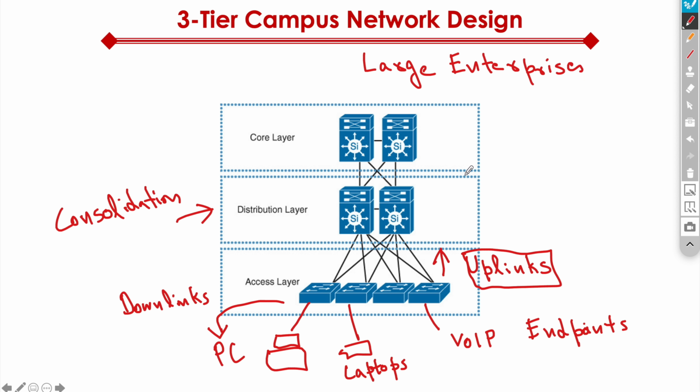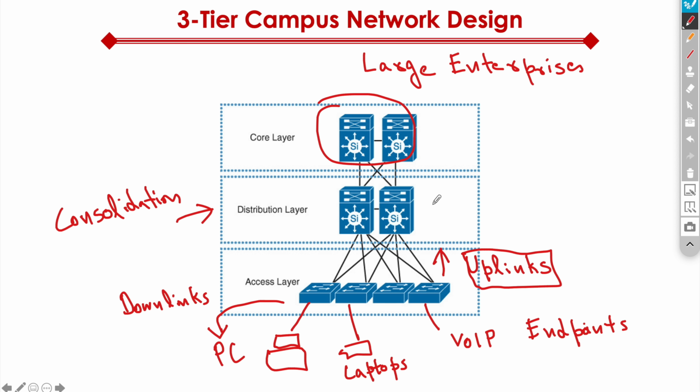But these are gigantic, large corporations with a ton of locations. And what you end up doing is you take a bunch of different buildings and you consolidate them together and interconnect them together. And the core layer is what connects those different buildings together.